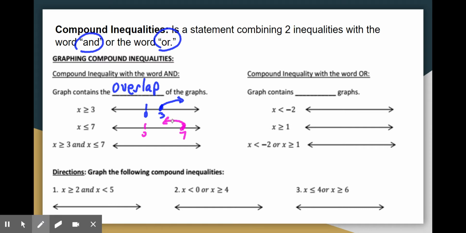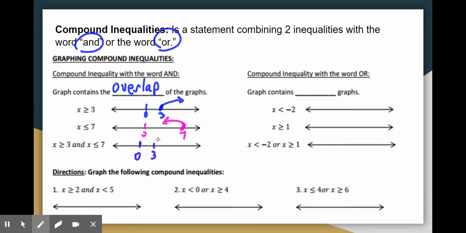Now I want you to graph for me these two inequalities on the same number line. They're now joined by the word and. So they both go on the same number line, and we're going to see if we can find their solution. So let's graph x is greater than or equal to 3. Here's 0 on my number line.